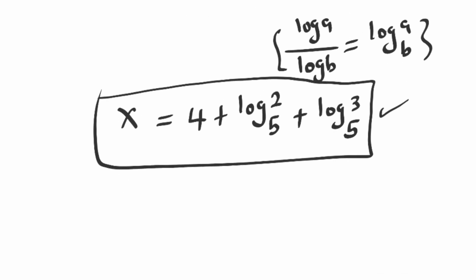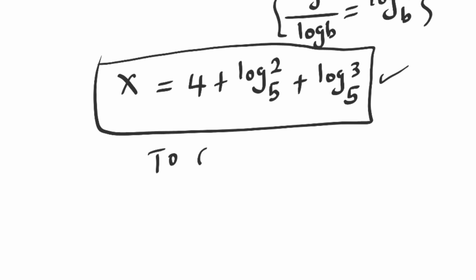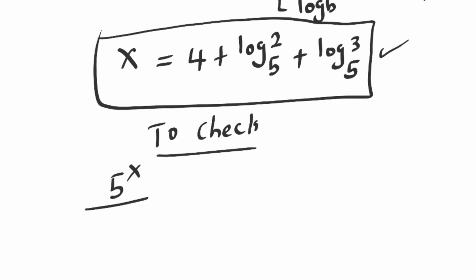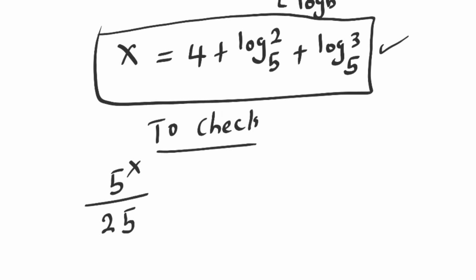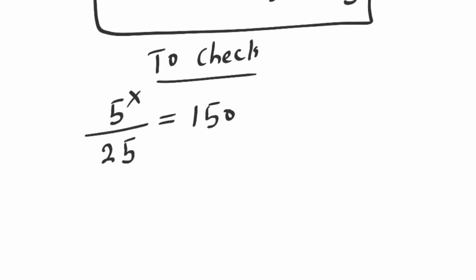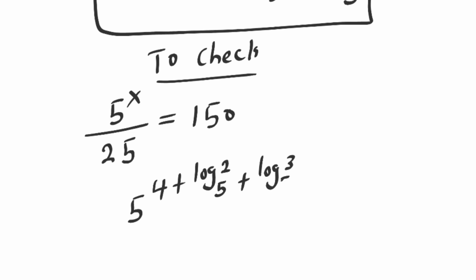Let's check. To check, we have the given equation 5 raised to power x over 25 is equal to 150. Then this is 5 raised to power 4 plus log 2 base 5 plus log 3 base 5 over 25 must be equal to 150.